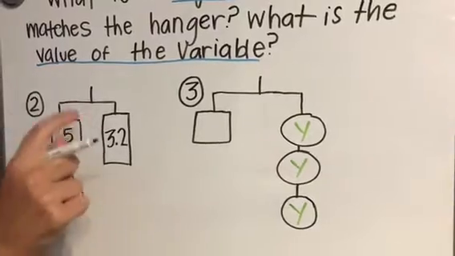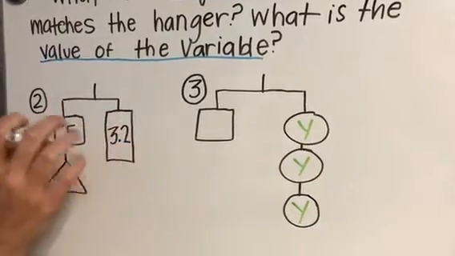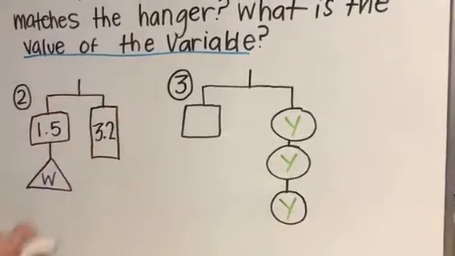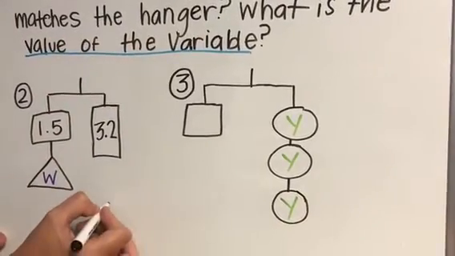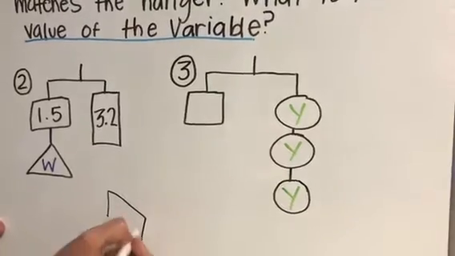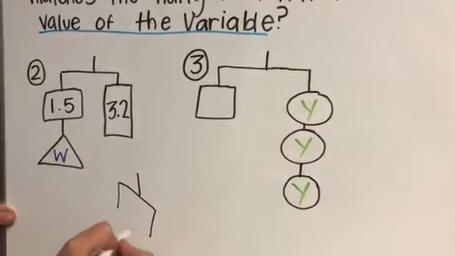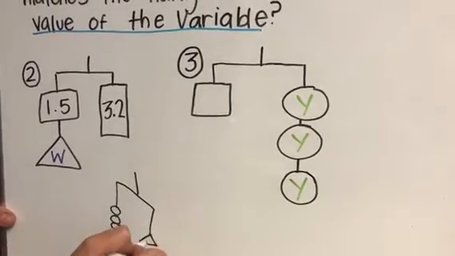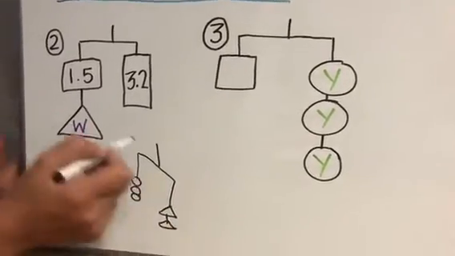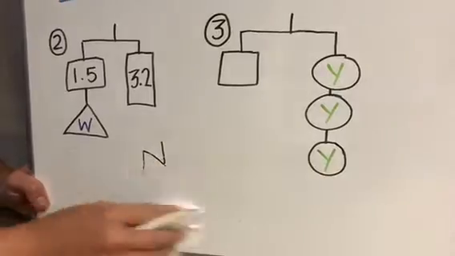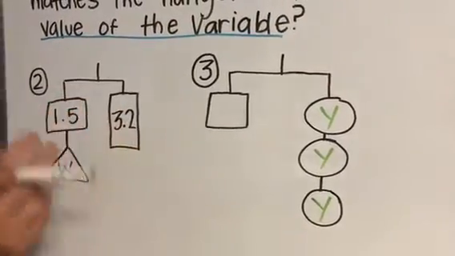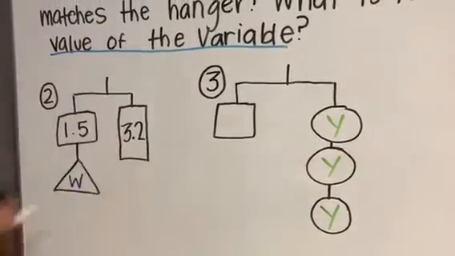When we look at these hangers, we know that what is on the left side of the hanger is the same as the right side of the hanger. If the hanger looked uneven, then we know that this side would probably be lighter than whatever's on this side. That's not the case. Because it's equal like this, we know that this side is the same as this side.